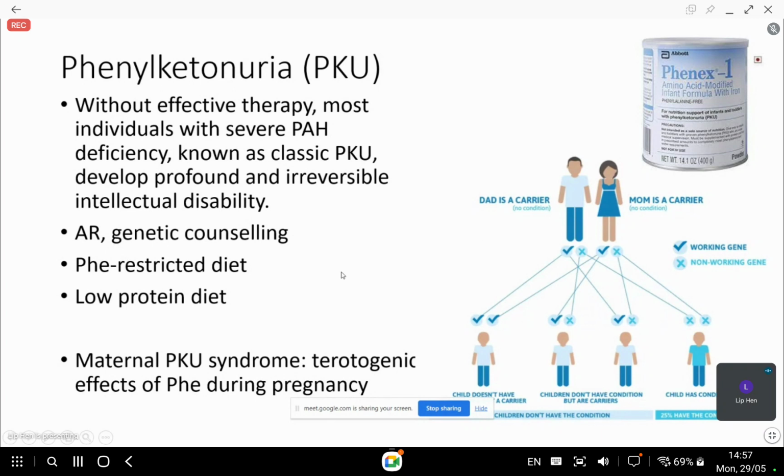It's important to control the Phe level, especially when this girl grows up, with very good compliance to the diet and treatment, so that the Phe level is in the optimal range even before she plans for a pregnancy, because of maternal PKU syndrome, where the fetus can have microcephaly, mental retardation, or congenital anomalies because of the high Phe level.